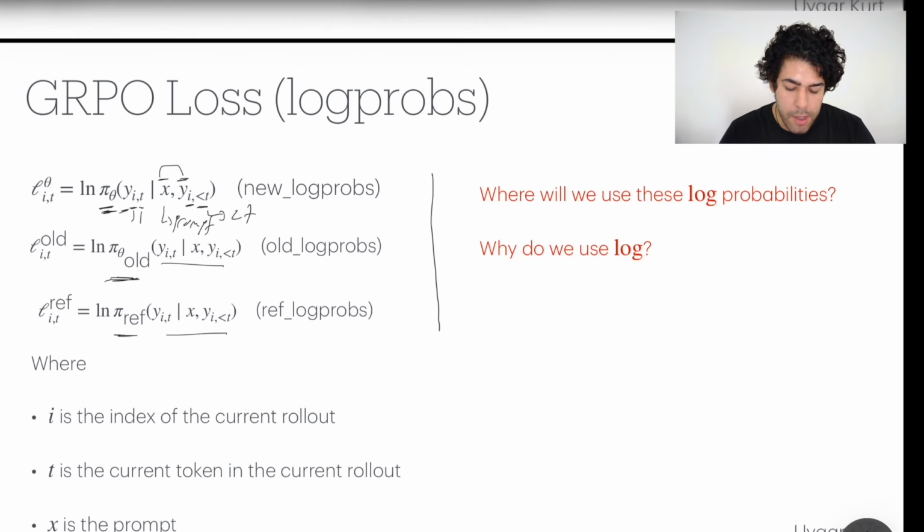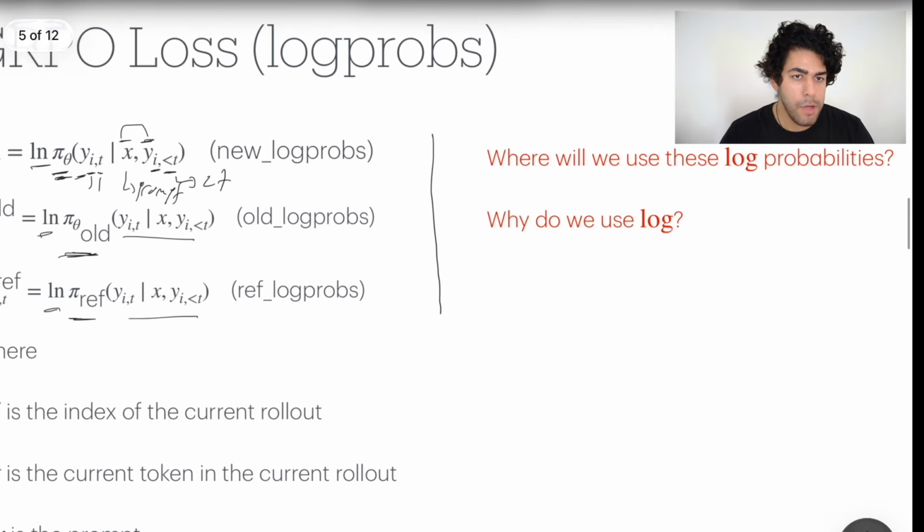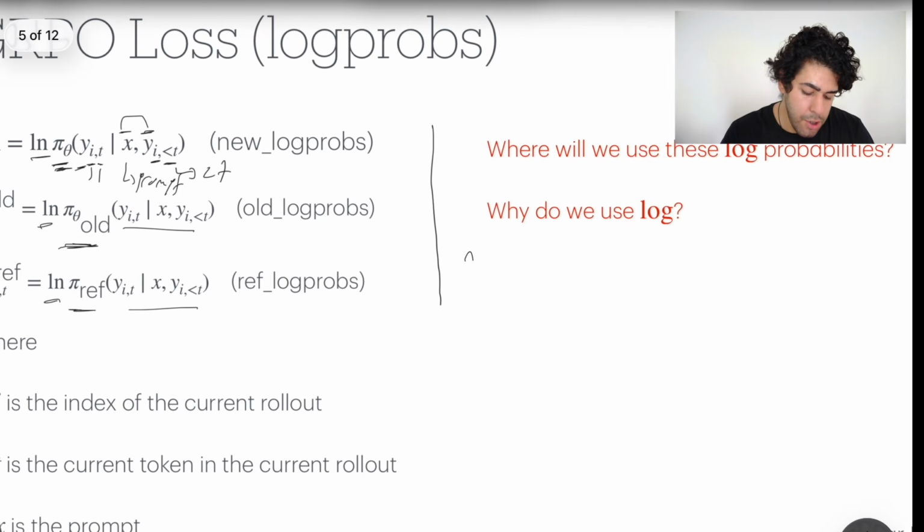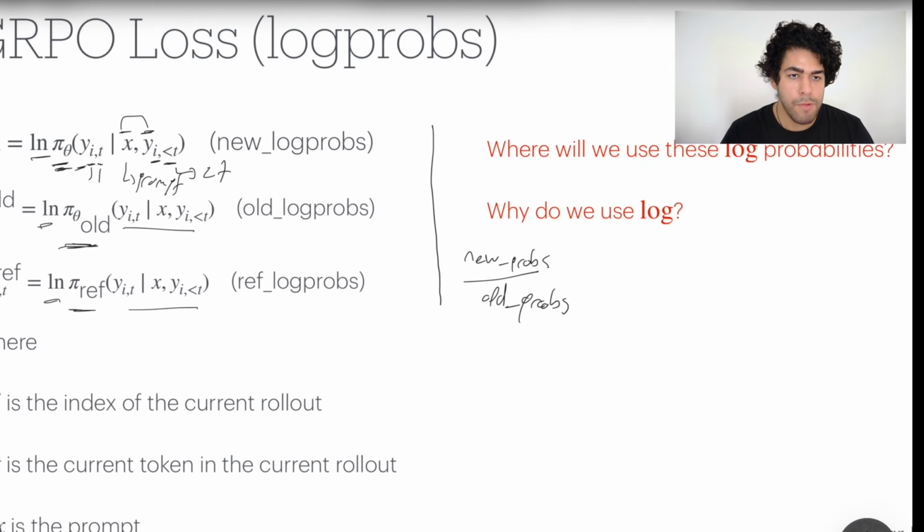And now the question is why we use logarithms. With the surrogate function, we want to compare the ratio of new probabilities divided by old probabilities. This is what we want to do, but we have a problem.